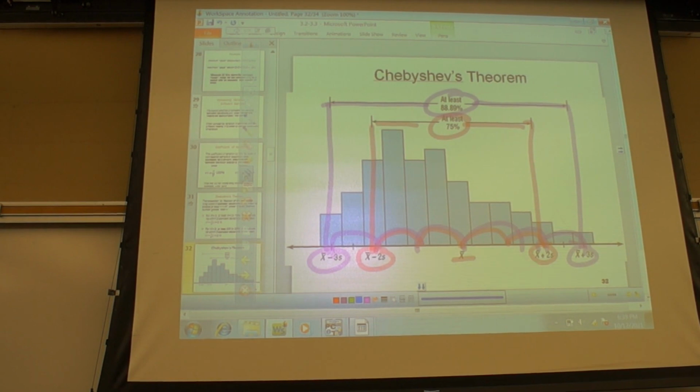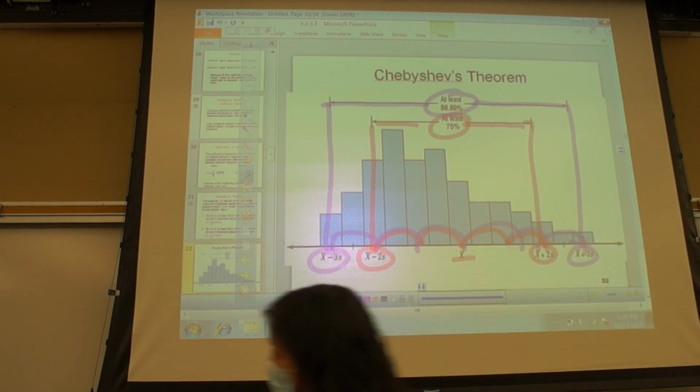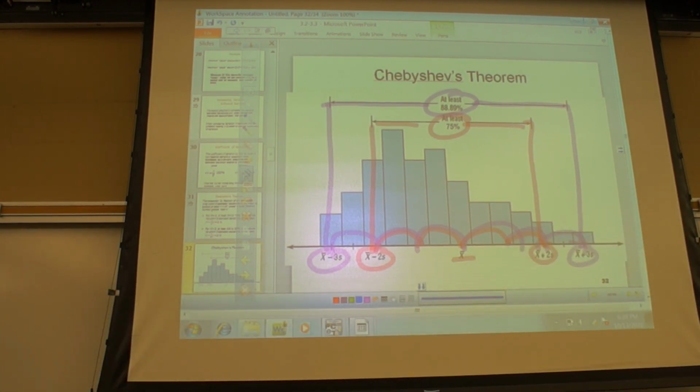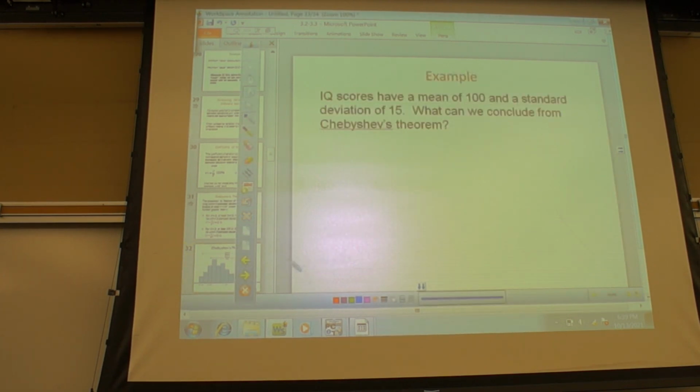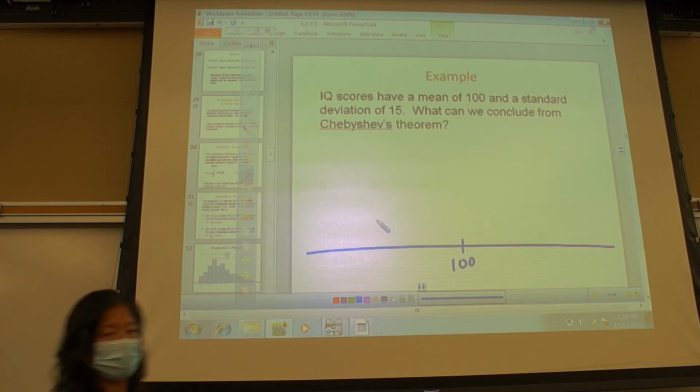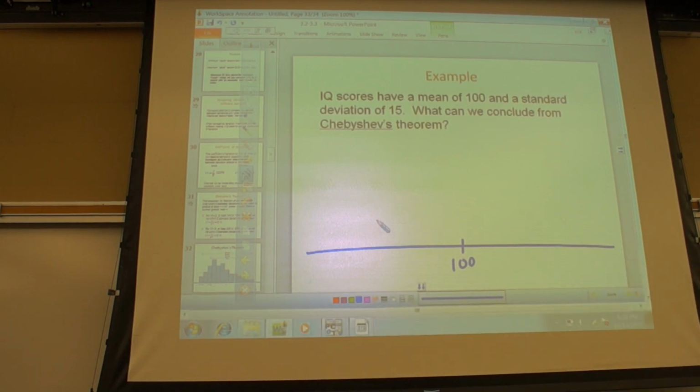I would draw a line, probably. Put your mean there, and then figure out what you've got going on. Within 2 standard deviations, where is that? If you're at home, pause this until you finish this problem and then start again.